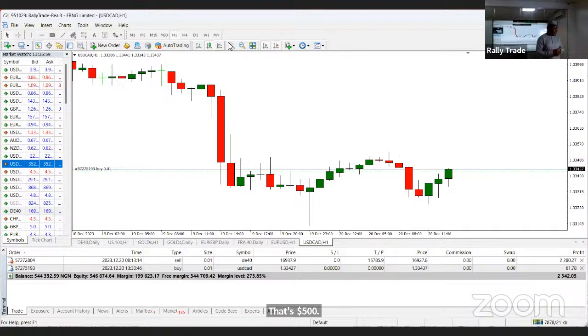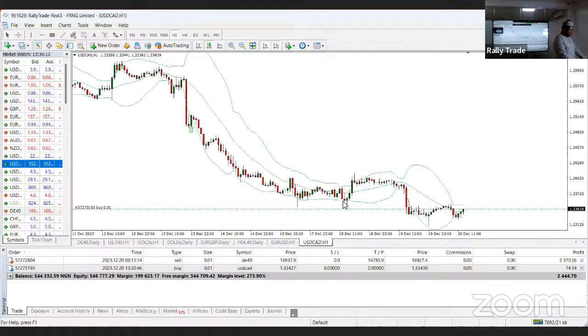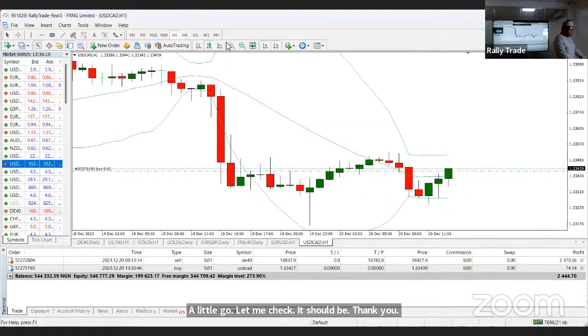It's going to go up. It's going to go up. But let me check a strategy like that. This should be a mean reversion. Oh, almost, but it's close.